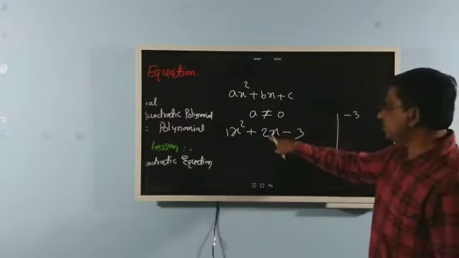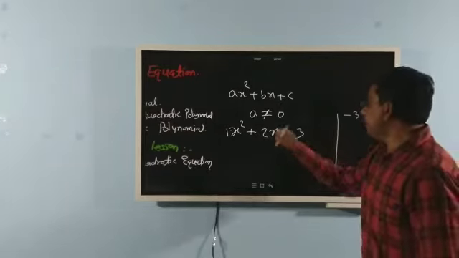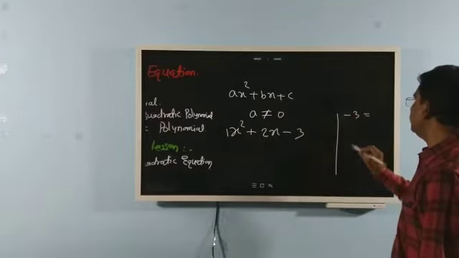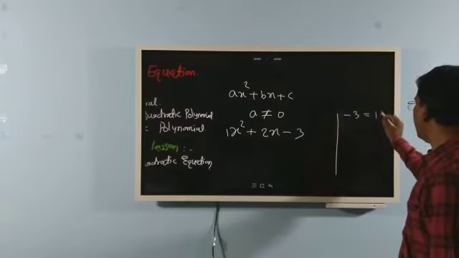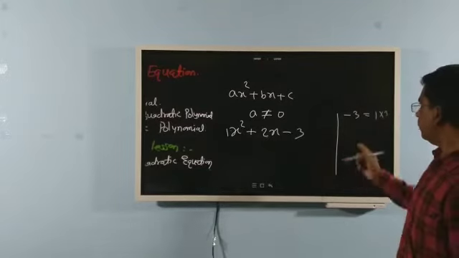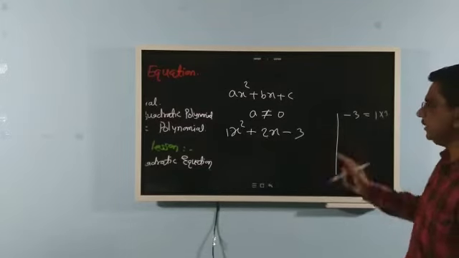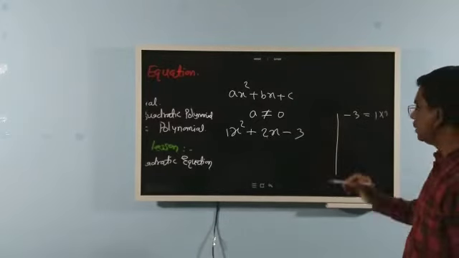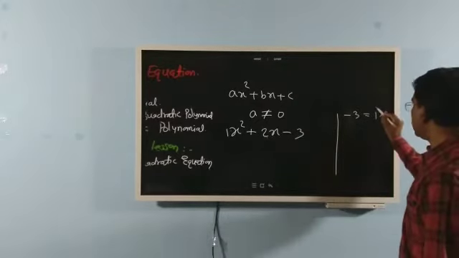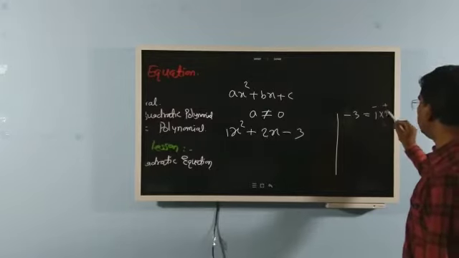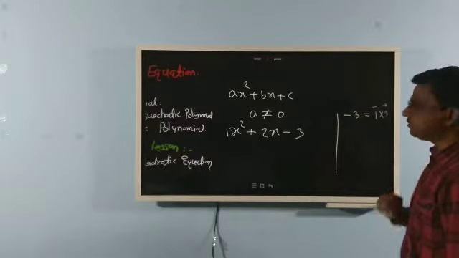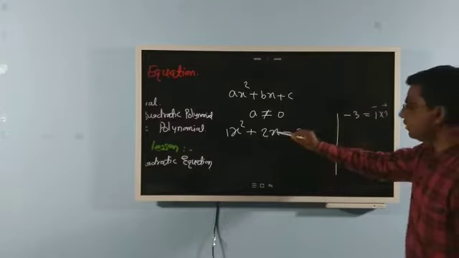So now here the coefficient of x is 2 and the product term is minus 3. So find the factors of minus 3. They are 1 and 3. Now we have to adjust the sign so that their sum is equal to plus 2. So if I take this as negative and this as positive, that is minus 1 and 3, the product is minus 3 and their sum is plus 2.